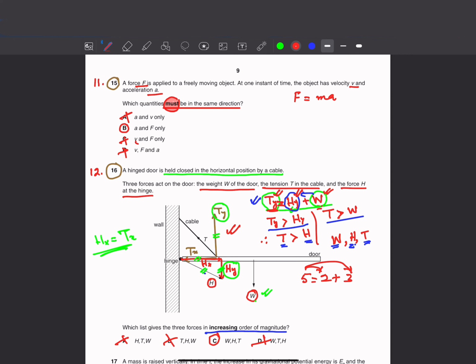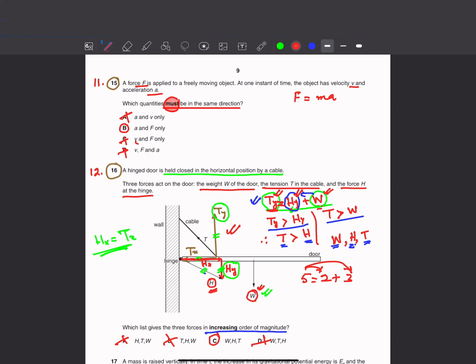So it means that we have to consider which one is the minimum. For this we can simply say that the only vertical force is W, which is the minimum. On the other hand, the force H, the contact force from the hinge, has a horizontal component as well, of course. So this will be greater than the simple weight.